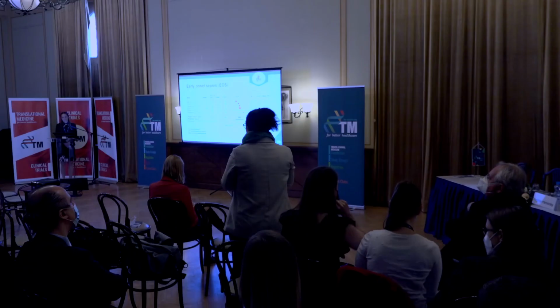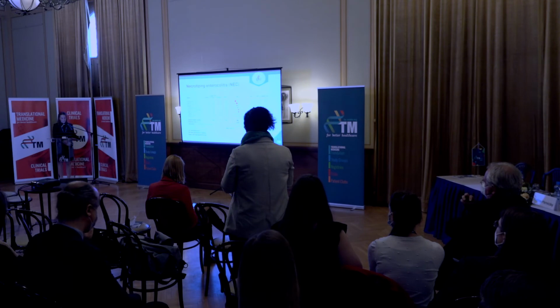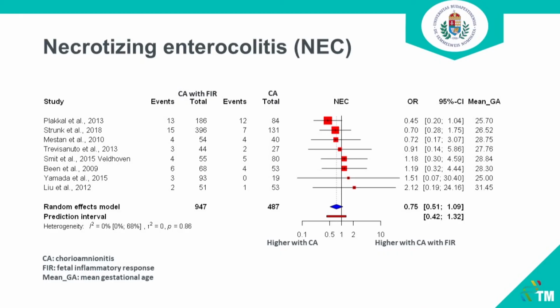In case of necrotizing enterocolitis, there were more different tendencies than in other outcomes. Do you have any explanation for them? Yes, we saw different tendencies in case of necrotizing enterocolitis, and that can be caused because they are observational studies on one hand. On the other hand, necrotizing enterocolitis is a highly multifactorial disease.